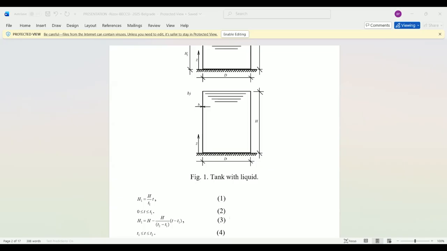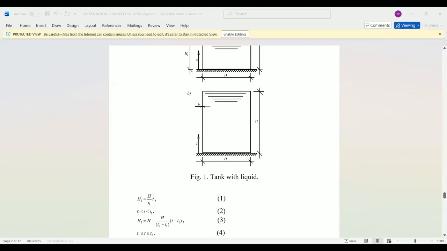At time t1, the tank is completely full, as shown in figure 1b. After that, the tank is slowly emptied. The liquid level changes as given in equation number 3. At time t2, the tank is completely emptied.